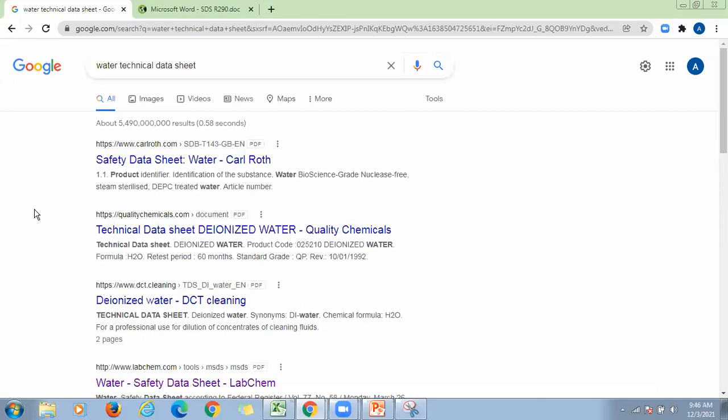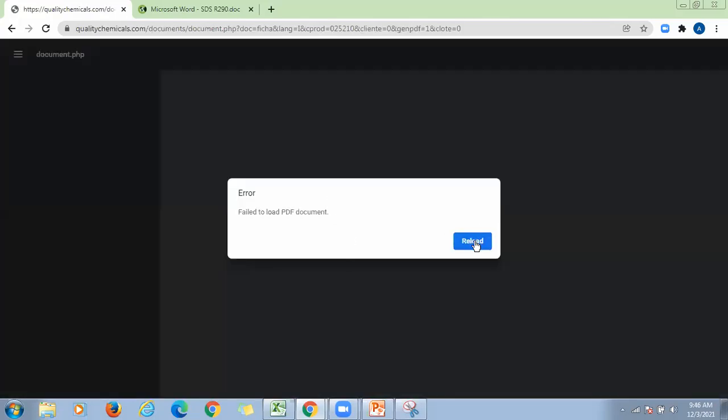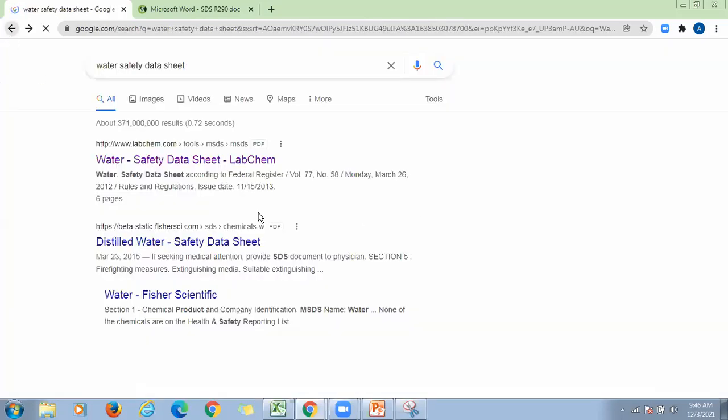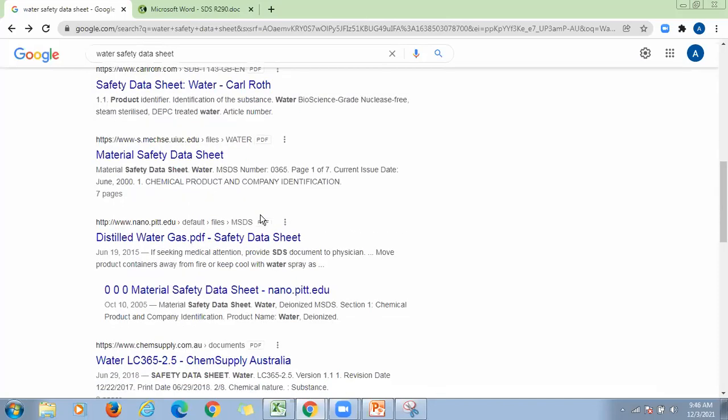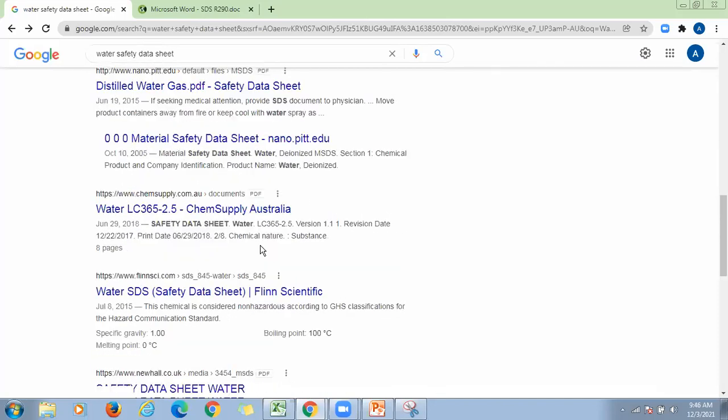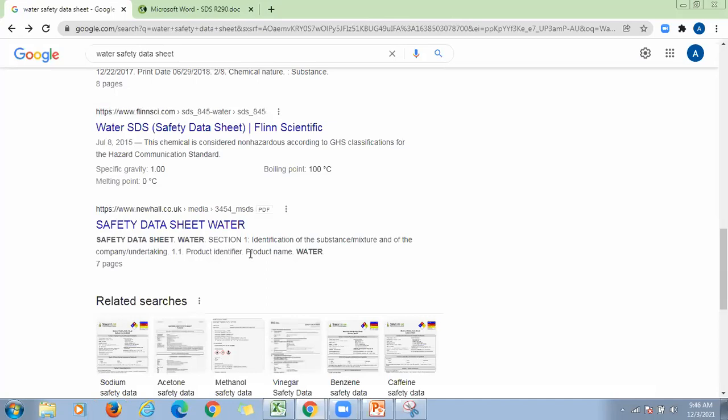Technical data sheets. It seems like the chemical aspects. The internet is a very useful source when it comes to accessing information.